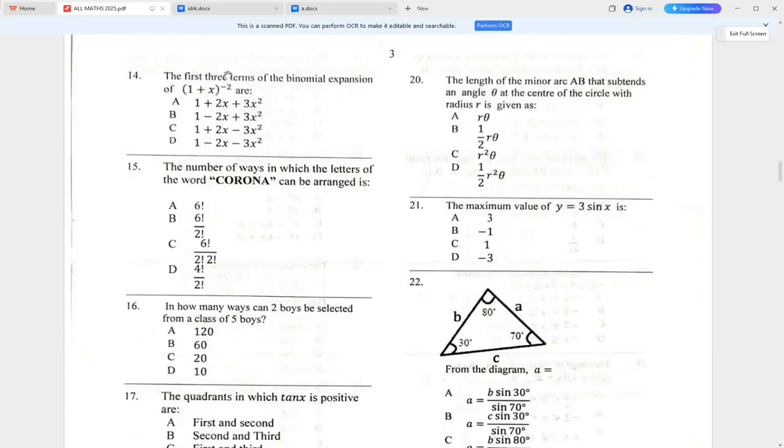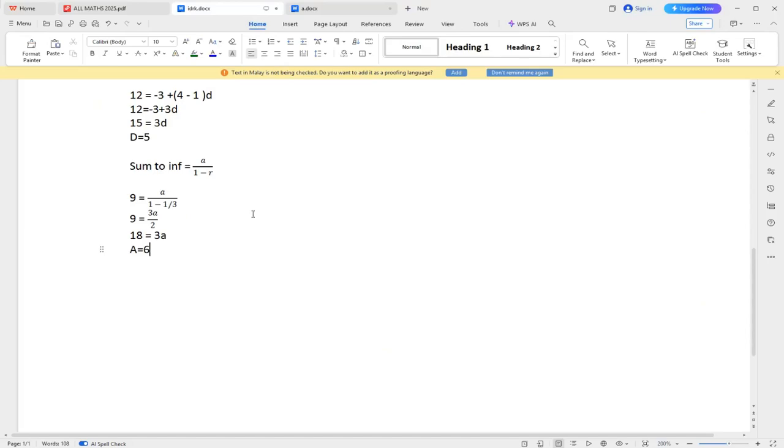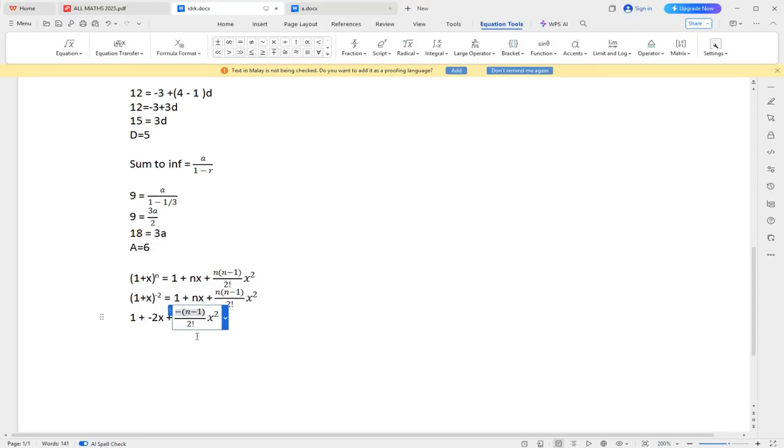Question 14. The first three terms of the binomial expansion of 1 plus x raised to the power minus 2 are? The first three terms of that binomial expansion are given by this formula. From here, we have our binomial expansion being 1 plus x raised to the power negative 2, so our n is negative 2. Substituting those values in this formula, we have first 1, the second is negative 2x, and the third is negative 2 times negative 2 minus 1 over 2 factorial, x squared.